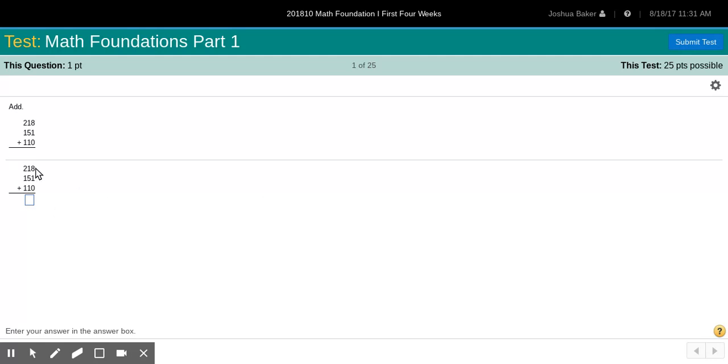I know, and your instructor is very aware, that you can come in here and cheat this problem by putting this in your calculator. But what you should do is practice this as if you do not get to use a calculator. Because at the end of the first 4 weeks, you're going to be given the placement test again.